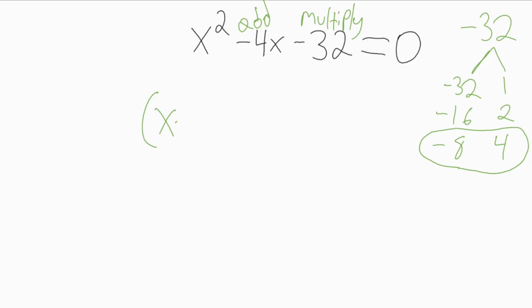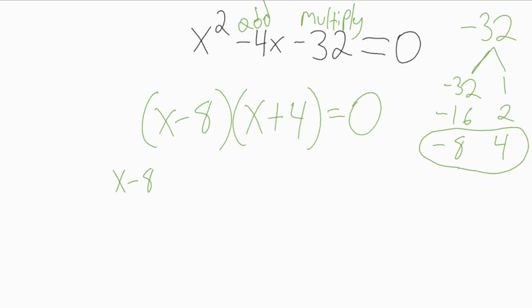We have x minus 8 and x plus 4. And we'll drag down our equals 0. Now let's go ahead and find our solutions. So we have x minus 8 equals 0, x plus 4 equals 0. So we get x equals 8 and x equals -4.